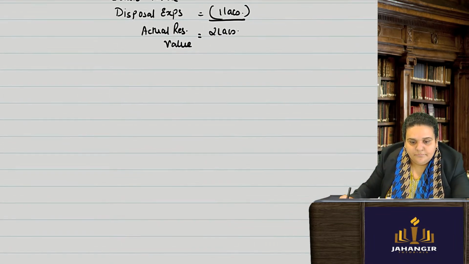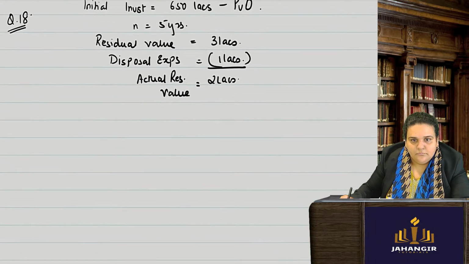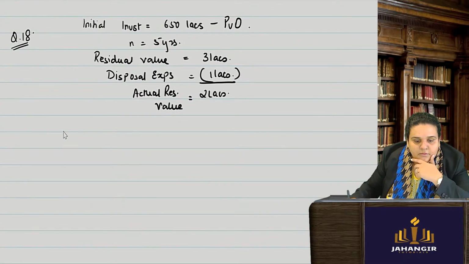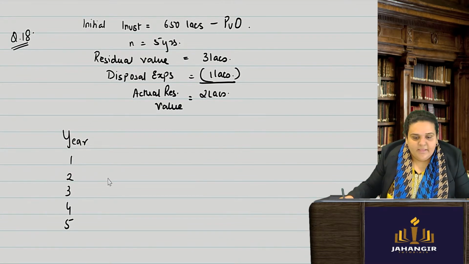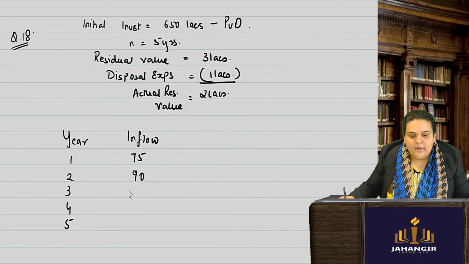Now here there are 5 years. 1, 2, 3, 4 and 5. They have also given me my inflow. 75, 90, 110. I have 125 and 140.